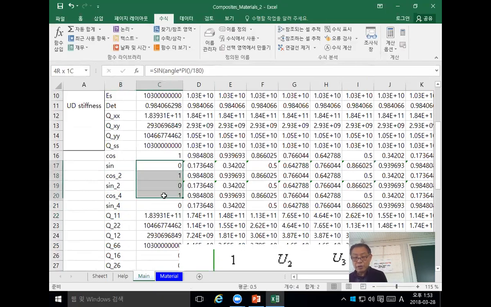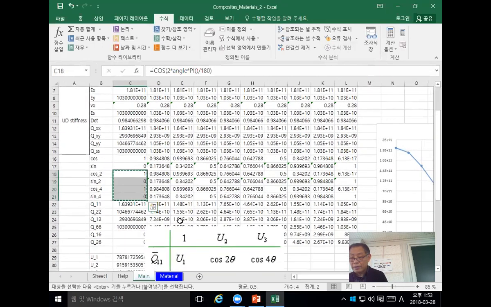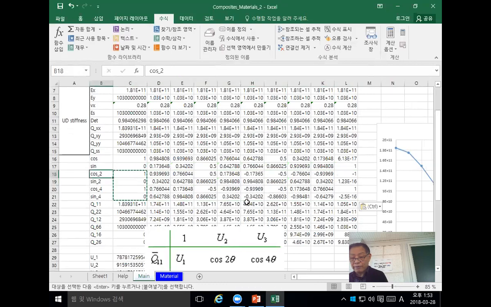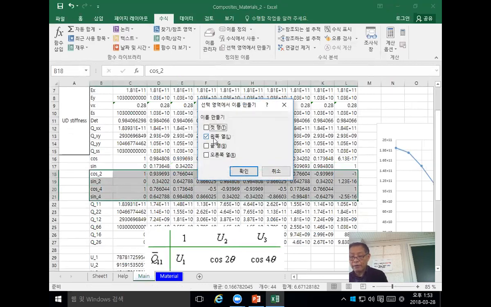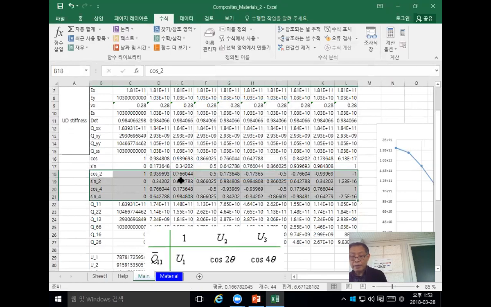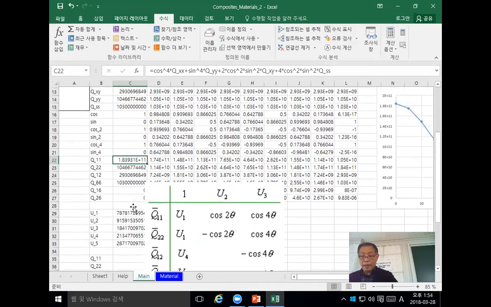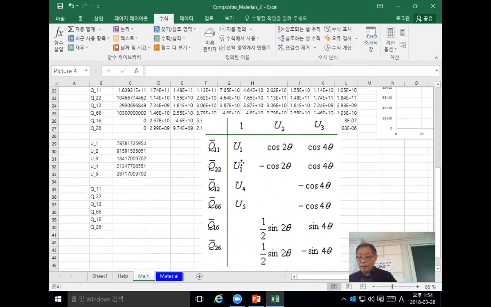Okay, so we are copying here to here, and then we define the name from this. Define name from left column. You say yes, and double check here that it has the name cosine 2. Okay, so this is how we define this double angle.